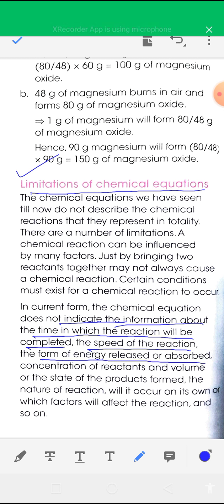It also does not give the concentration of reactants, the volume or state of products formed, the nature of the reaction, whether it will occur on its own, or which factors will affect the reaction. You cannot get this data from the current form of the chemical equation, so it must be modified to make it more acceptable.